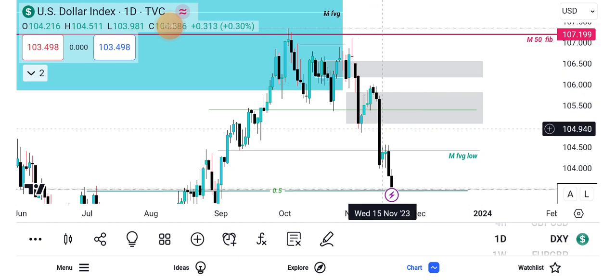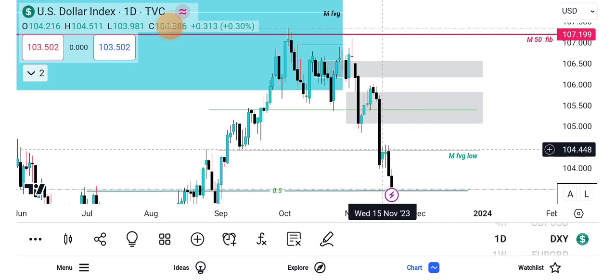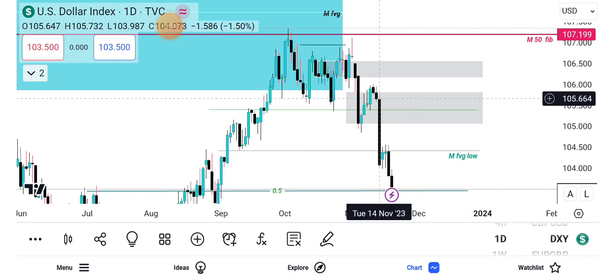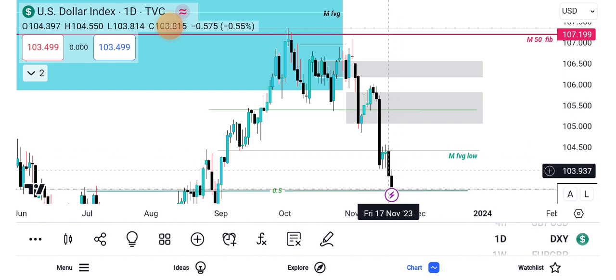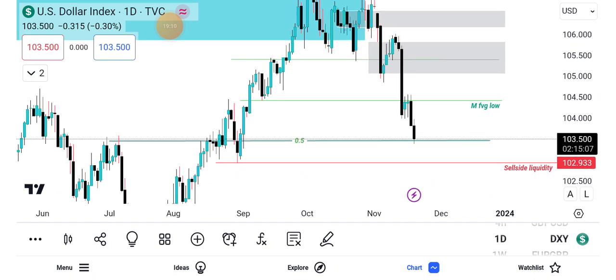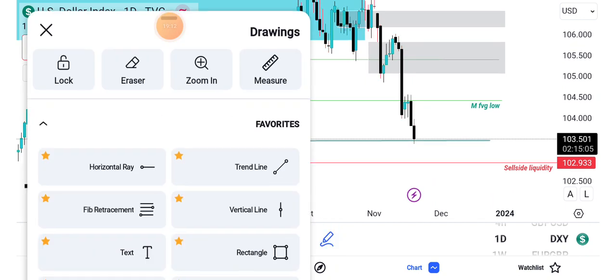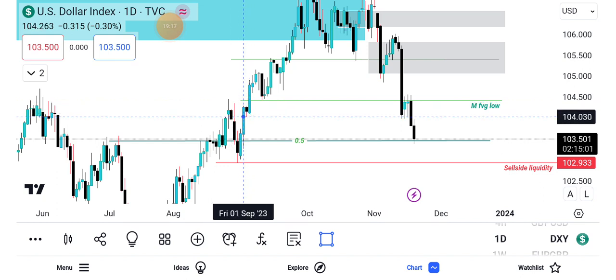Then we had these down close candles that again created a fair value gap within this candle's low and this candle's high, that was tapped into by this week. Then price is moving lower, and I'd seen this inversion fair value gap here.